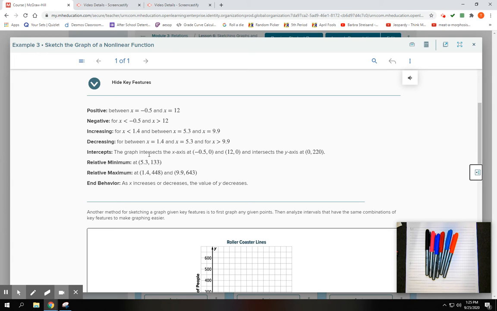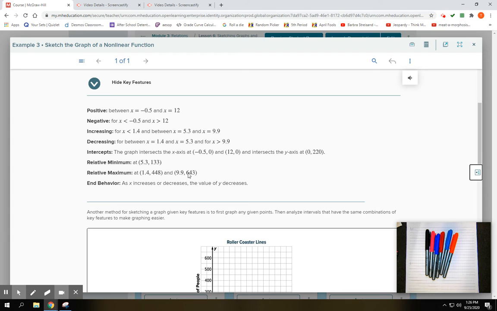The intercepts of the graph are at the x-axis at negative 0.50 and 12.0, and the y-axis at 0, 220. The relative minimum is (5.3, 133), and the relative maximums are (1.4, 448) and (9.9, 643).